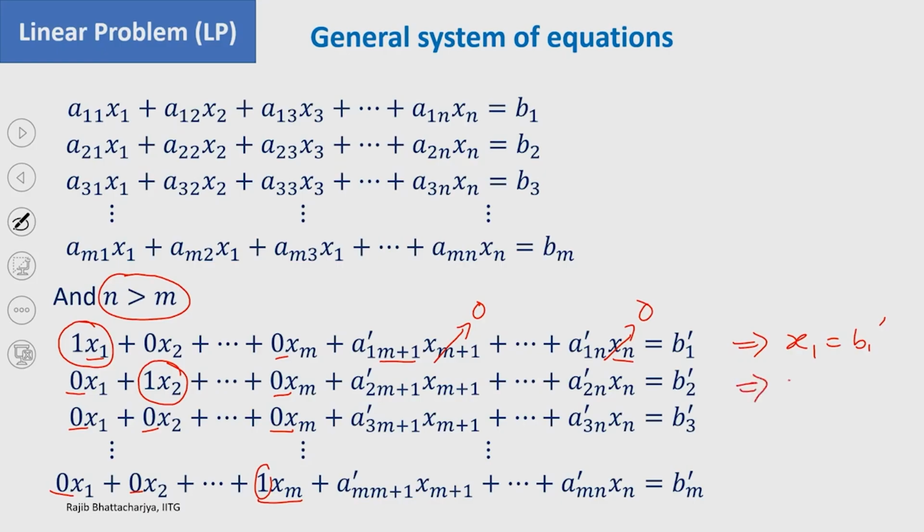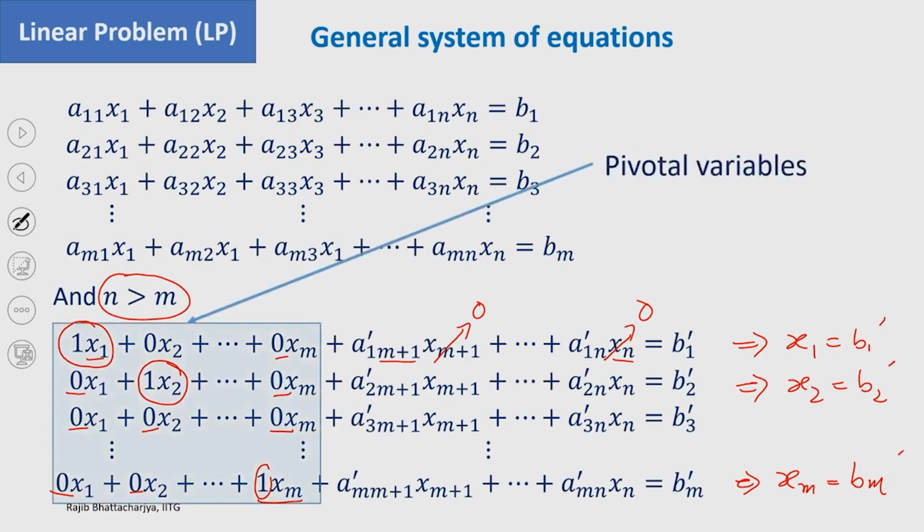Similarly, I can get x 2 equals b 2 dash, and for the last equation x m equals b m dash. So, this is one possible solution.